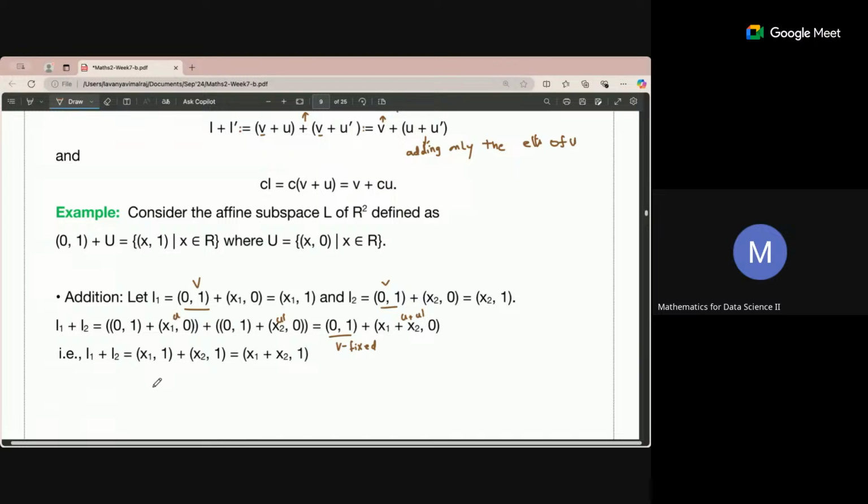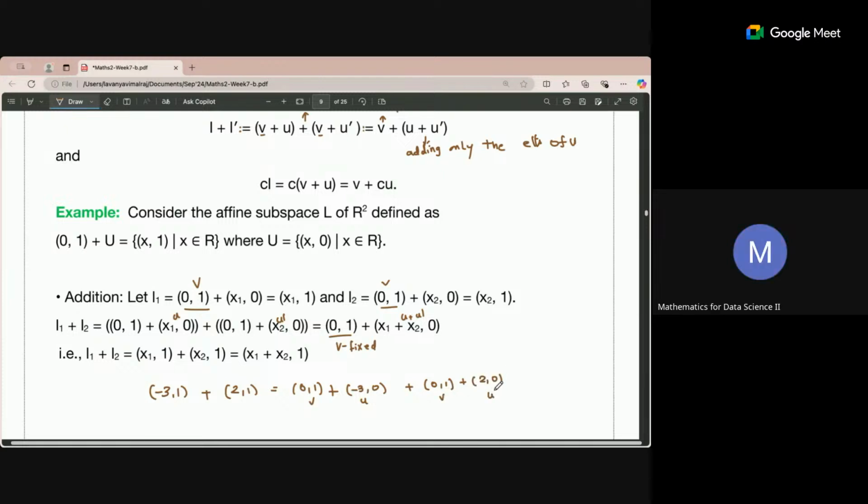So for example, if I have maybe (-3, 1) and I am adding it with maybe (2, 1). So (-3, 1), how can I express it in the form V plus U? (0, 1) plus, what is your U? (-3, 0). So this is your V and this is your U. Plus (0, 1) plus, what is your element from U? (2, 0).